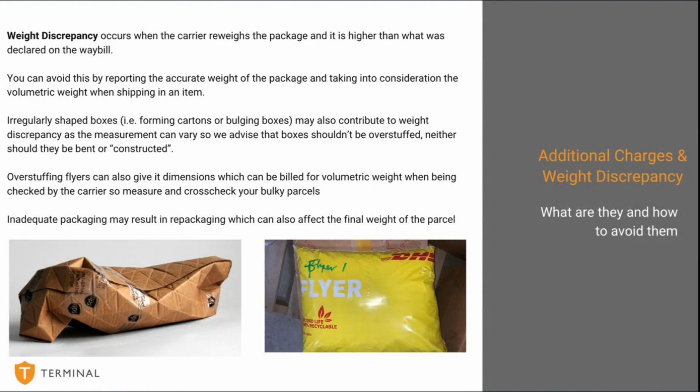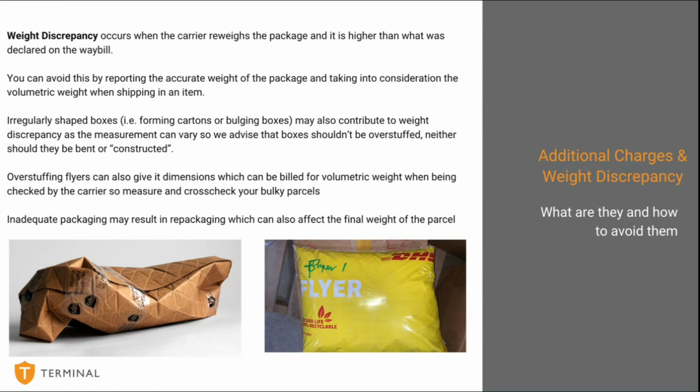And while the carrier is checking the weight again, the dimensions may change because it is not regular, and this can then increase the weight that they are going to bill you for instead, right? So we always advise not to overstuff your boxes. Neither should you bend it or try to reconstruct it. Always try to use a box that has flat sides so that you don't encounter this problem.